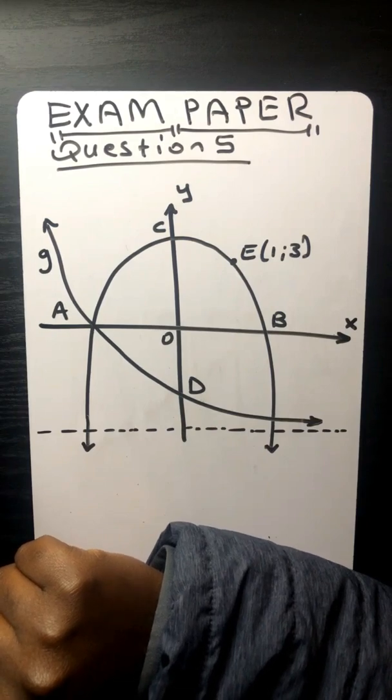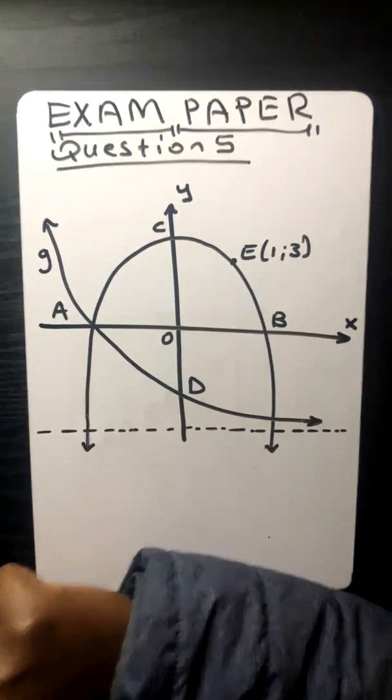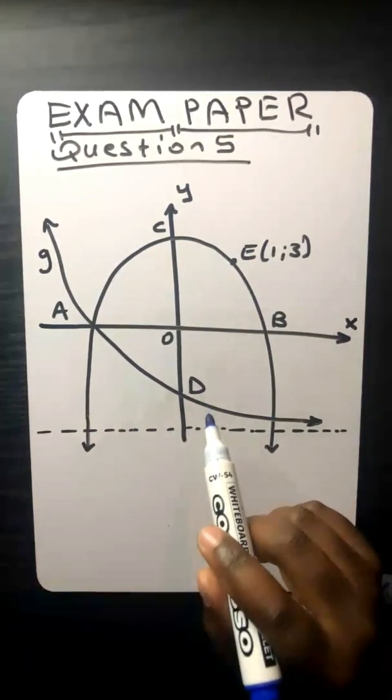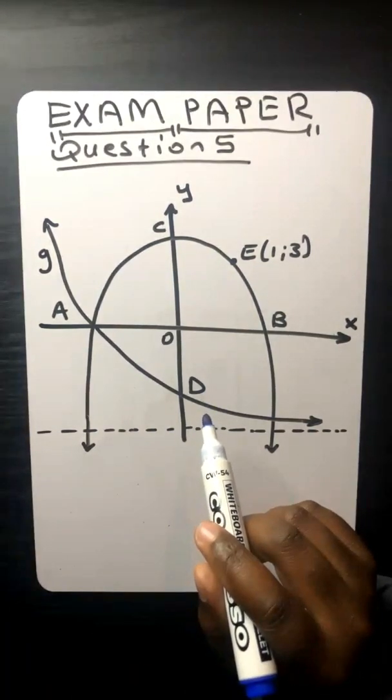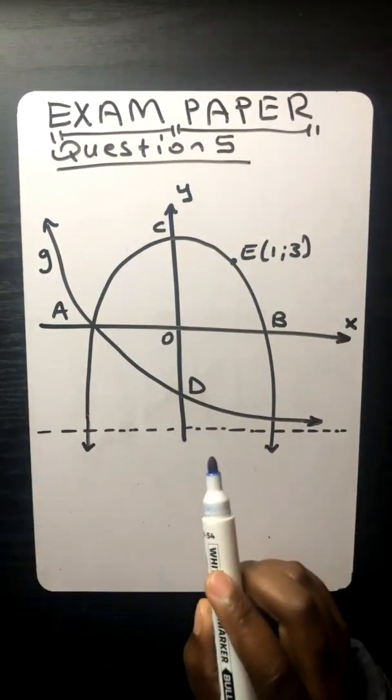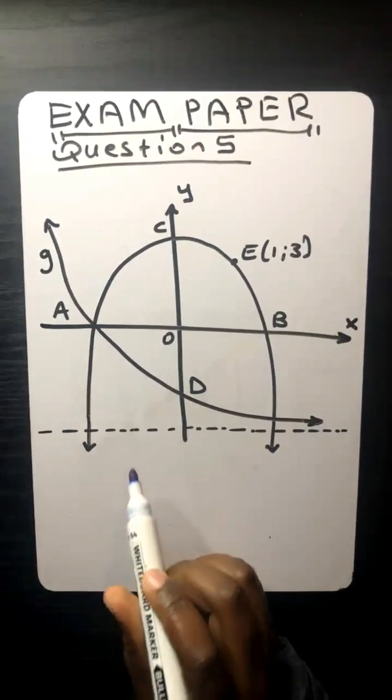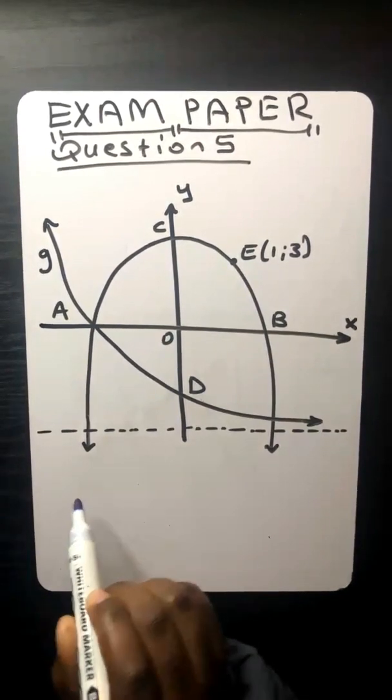Very much important, ladies and gentlemen, that at all times when you are given functions, just make sure to make note of the functions that you are given. So first, based on the statement that I read, we are given two functions.